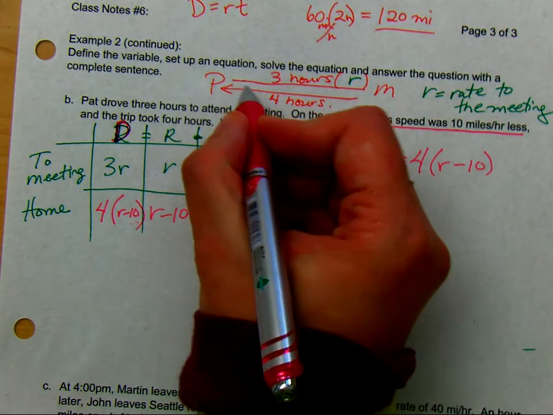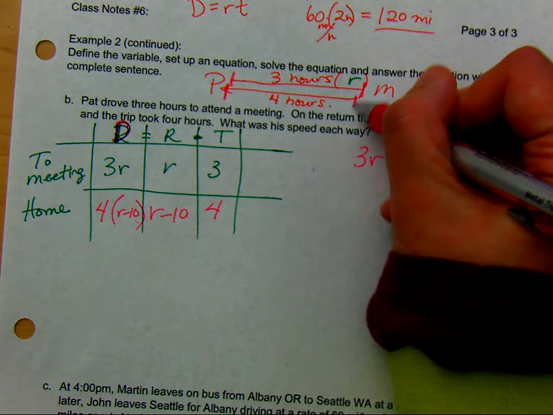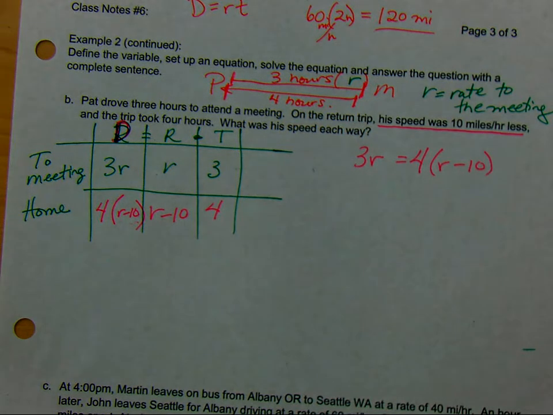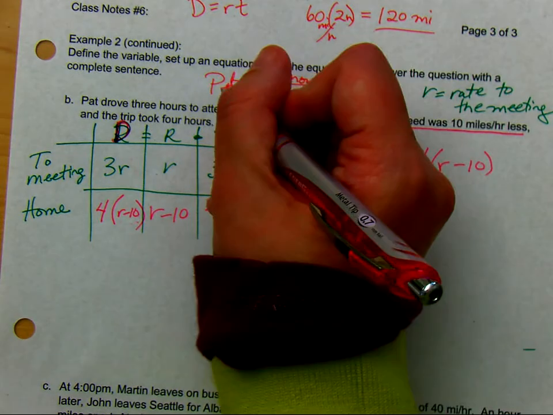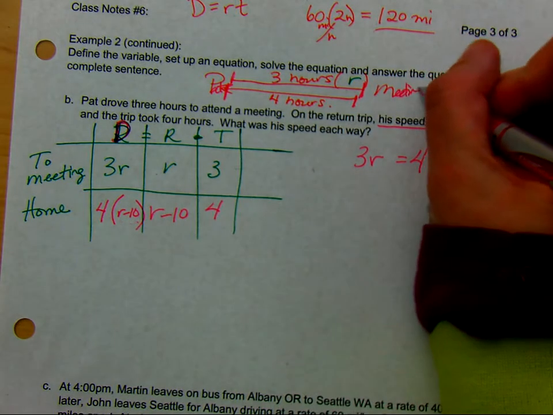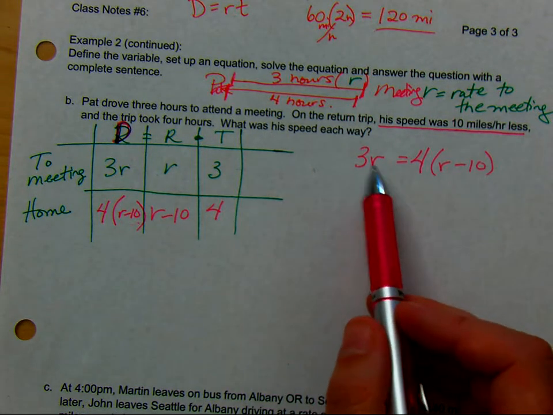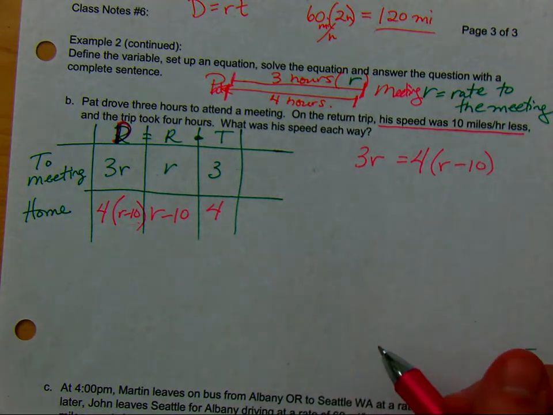Since this distance from here to here is the same as going back and forth, right? I use the letter P, but this is really Pat. Pat to the meeting. So acting it out and organizing into a table can be helpful. And then since we know the distances are equal, we can set the rate times the time equal to each other. Does that make sense how that's set up?